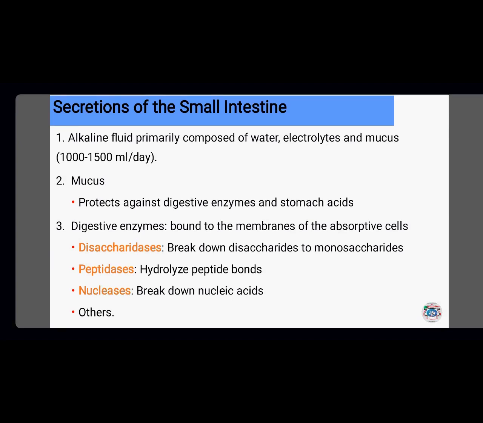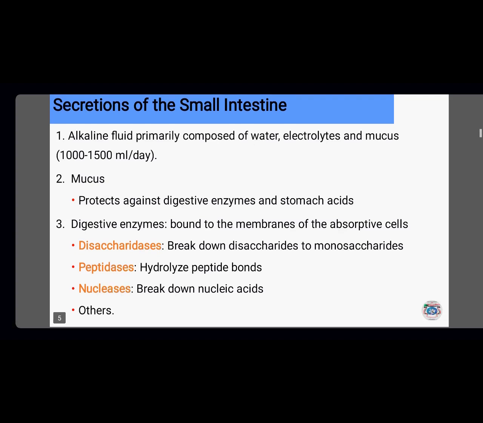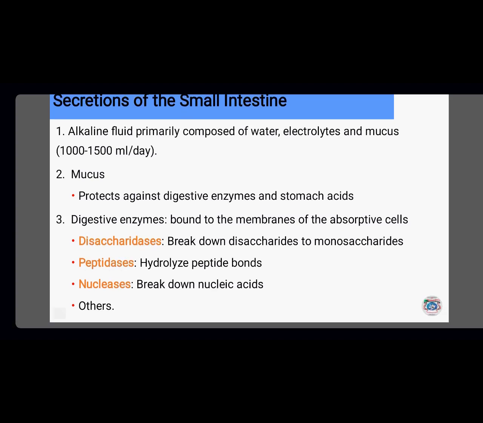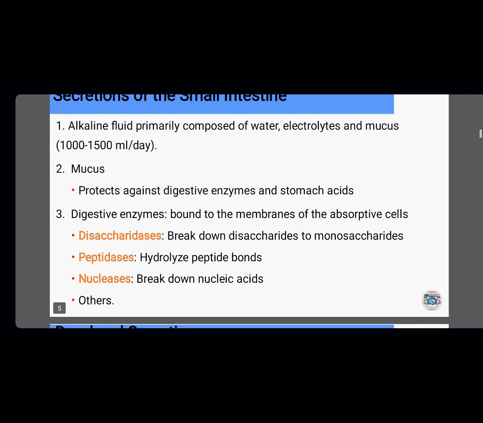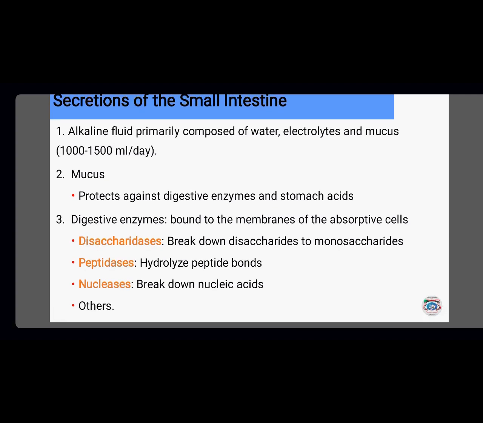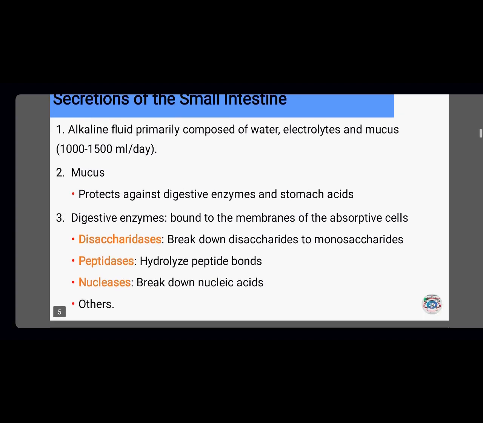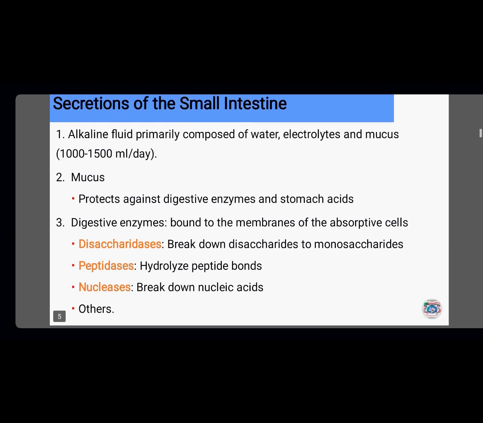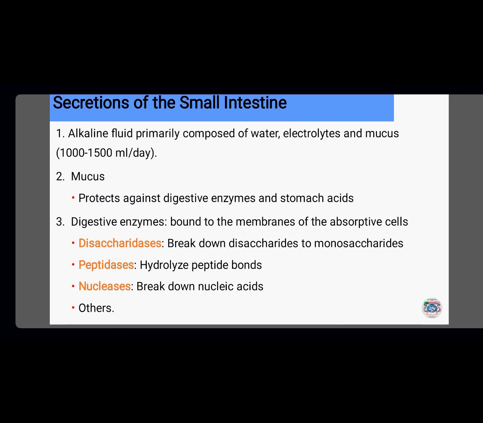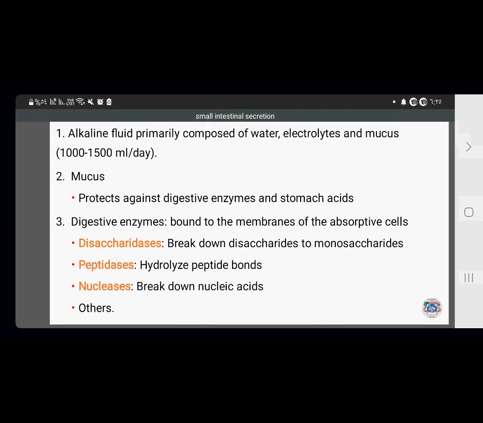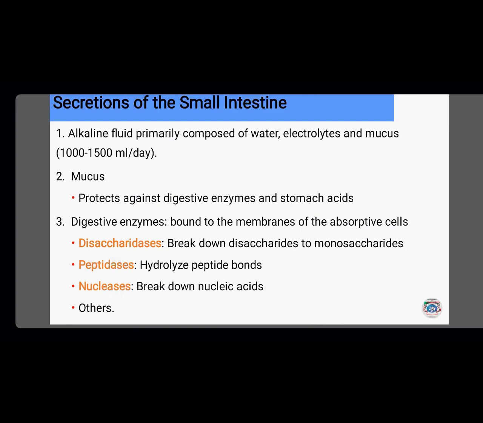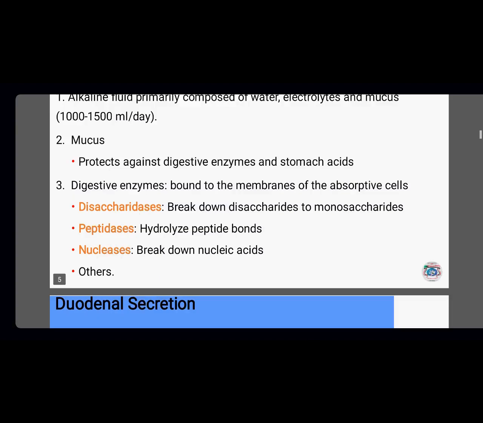They are bound to the membranes of the absorptive cells, for example, disaccharidases, peptidases, and nucleases, in addition to others, for example, maltase and something like that. All these enzymes are included in the intestinal secretion, along with the mucus and alkaline fluid.